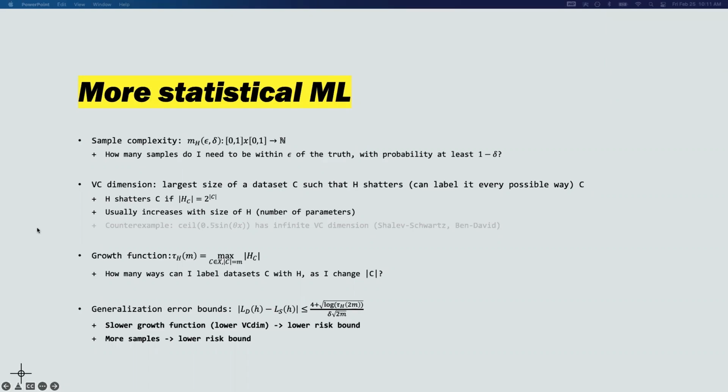Could I ask a question, Ben? On your first paragraph up there with that M sub h epsilon delta, are we supposed to have some kind of intuitive feel for what the shape of epsilon delta space is? You have epsilon within the truth, and then with a probability of 1 minus delta.